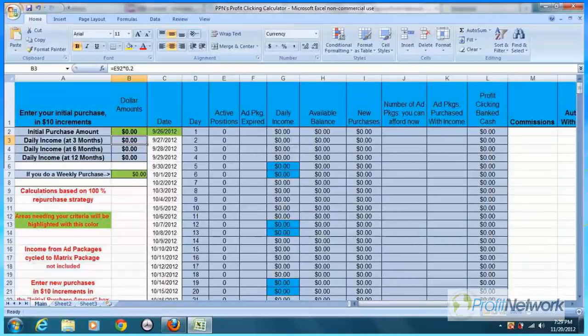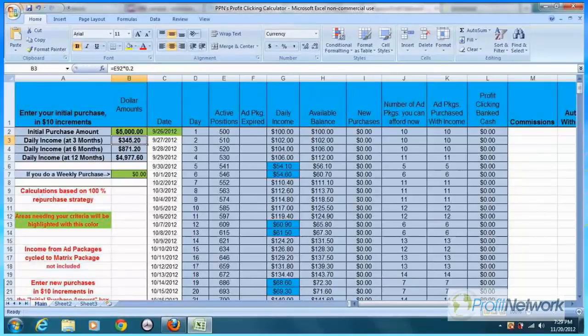Basically, I'm just going to go through and show you a little example, and we're just going to throw out a figure of 5,000. Let's say your initial purchase amount was $5,000, and you purchased $5,000 worth of ad packages, which is 500 ad packages.